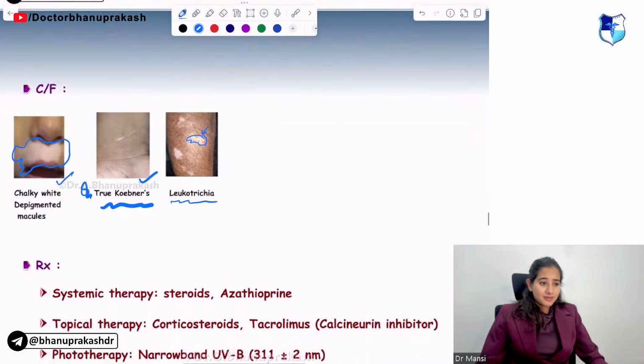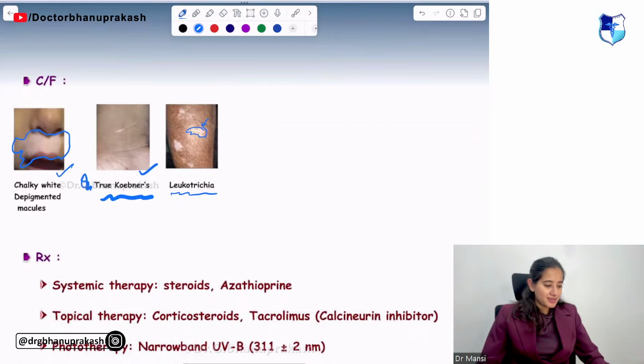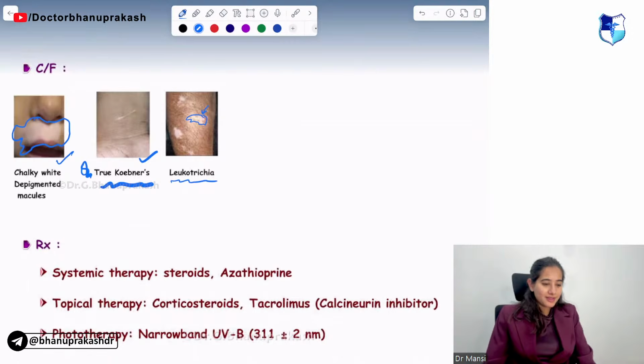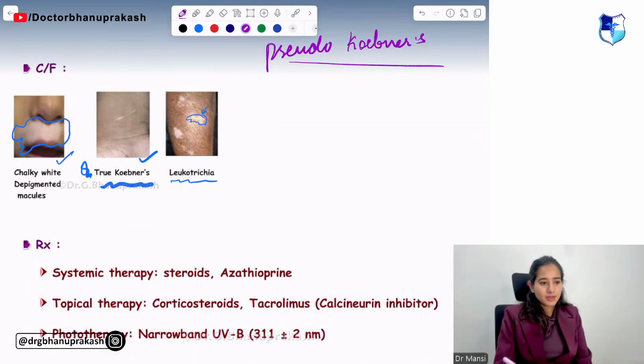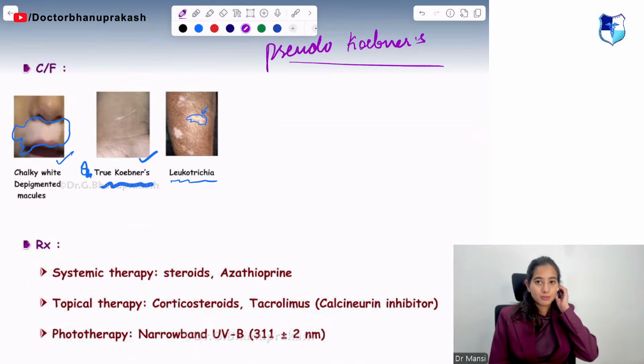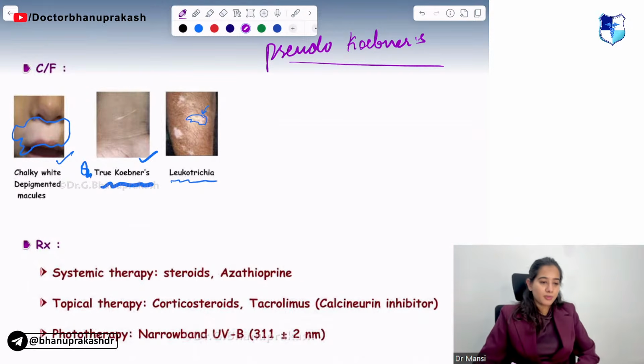Koebner's phenomenon. Just generally, I'm asking, Koebner's we read. I just explained pseudo Koebner's. Where did we see pseudo Koebner's phenomenon? Yes, Pranjal, you're right.